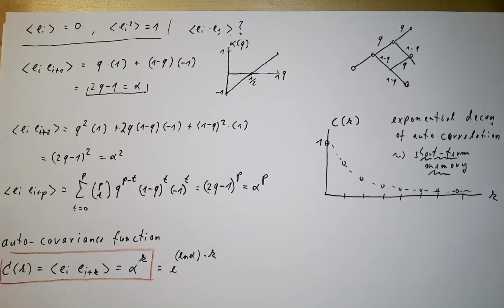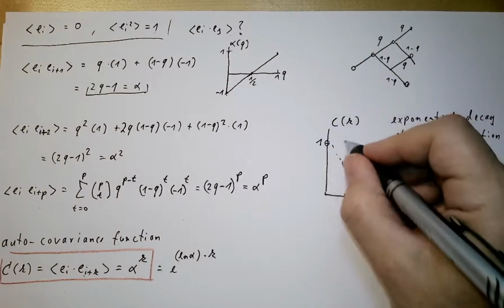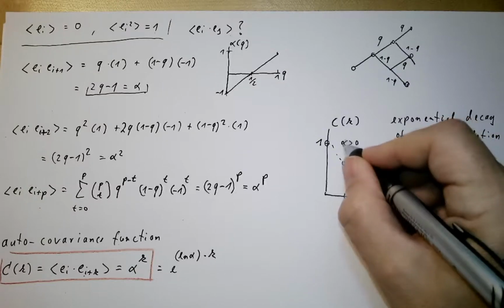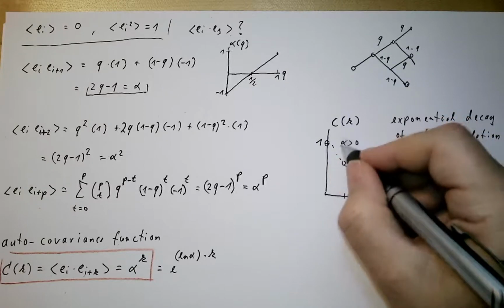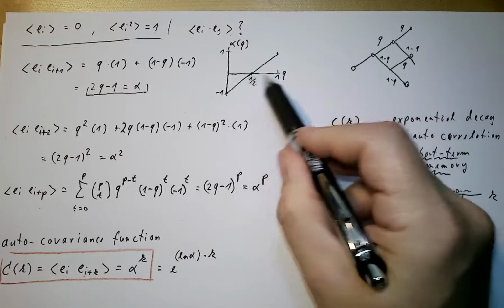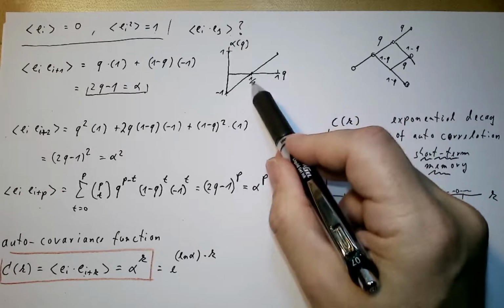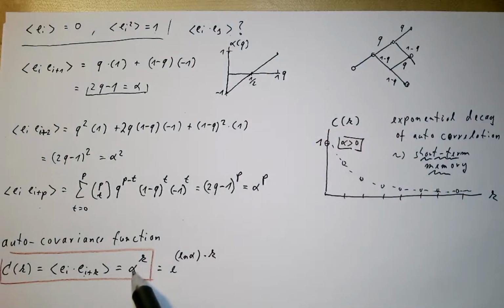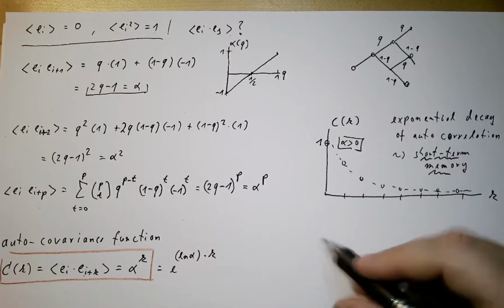But now if you were careful, you said, oh, that works only for positive alpha. You're right, so this is for alpha which are positive, meaning for q's which are larger than 0.5, because if alpha is negative, then we also get negative autocorrelations or autocovariances.